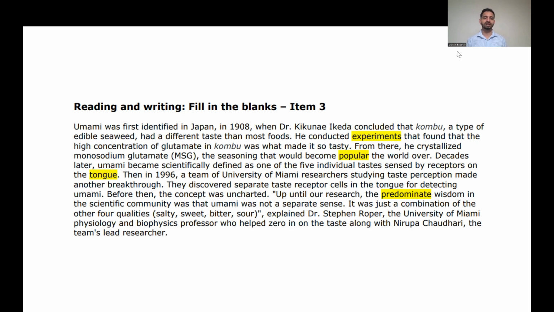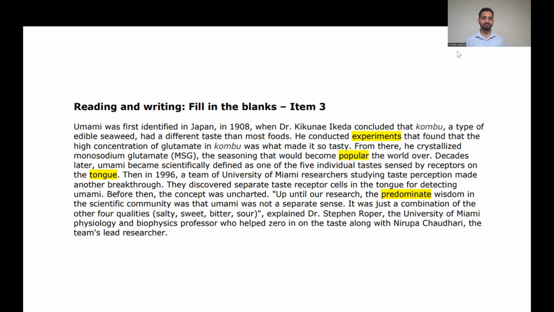From there, he crystallized monosodium glutamate, MSG, the seasoning that would become popular the world over. Decades later, umami became scientifically defined as one of the 5 individual tastes sensed by receptors on the tongue. Then in 1996, a team of University of Miami researchers studying taste perception made another breakthrough.